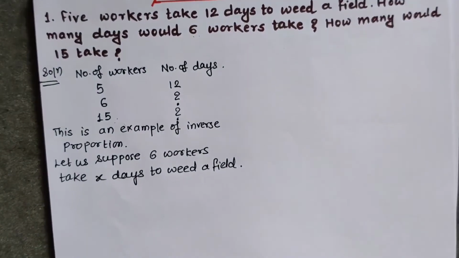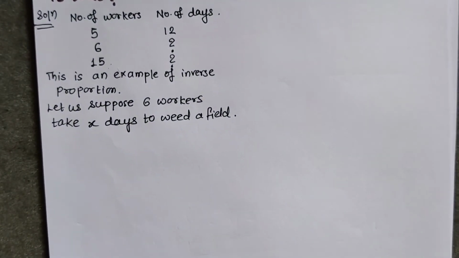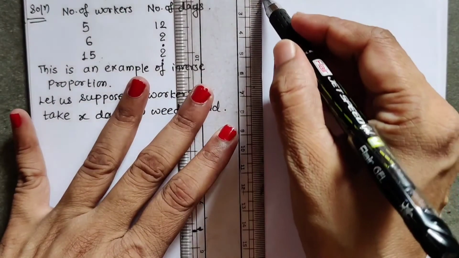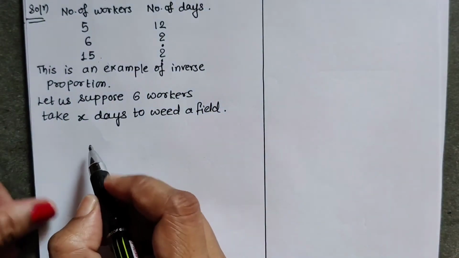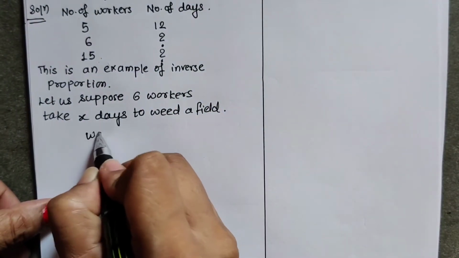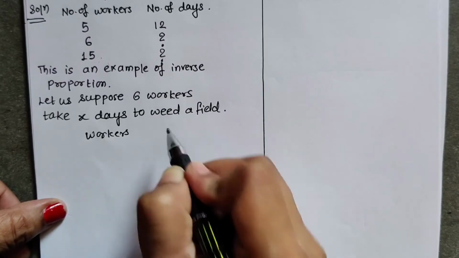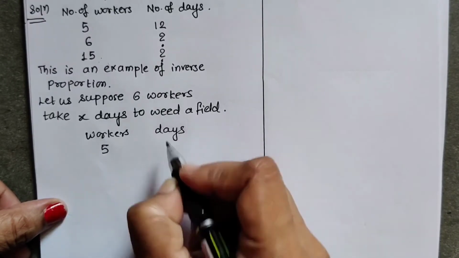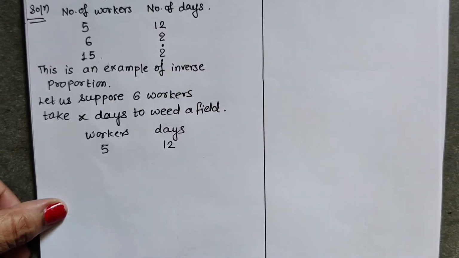So now again I am going to write this chart, number of workers and number of days, and we will solve the sum. First the number of workers was 5 and the number of days was 12.